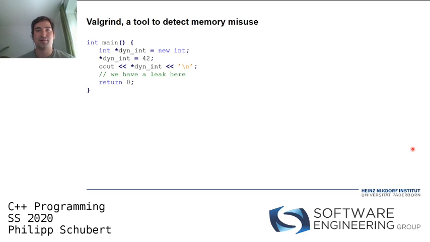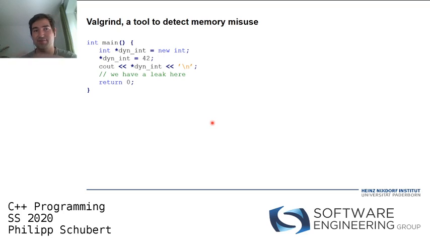Okay, so what happens here? Maybe let's assume this program from before, and we still forgot to delete here. Maybe we have been unconcentrated while writing that piece of code. And we can now compile that code, and it will work fine, but still it will leak.